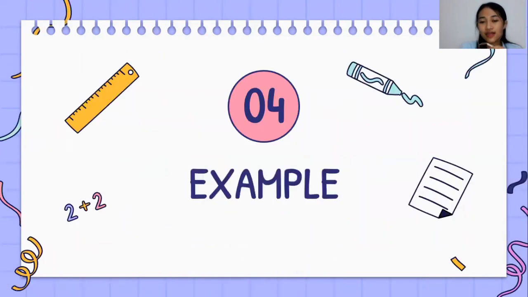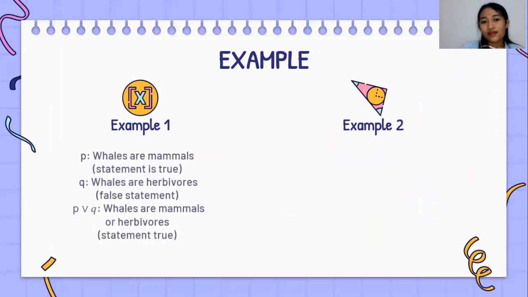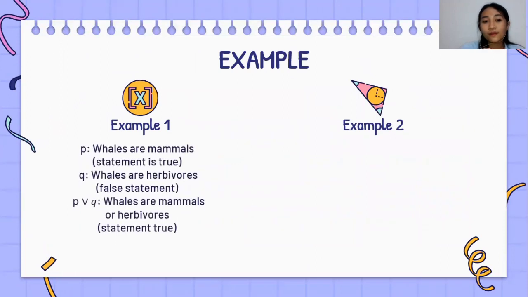And the last, examples. Example 1. P is "whales are mammals." The statement is true. And Q is "whales are herbivores." The statement is false. The proposition P or Q, "whales are mammals or herbivores," is true.